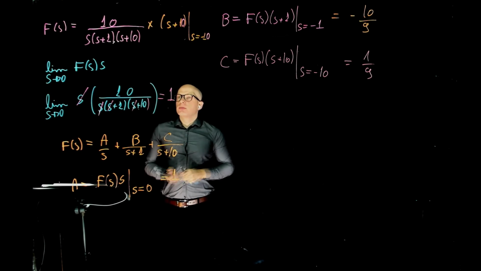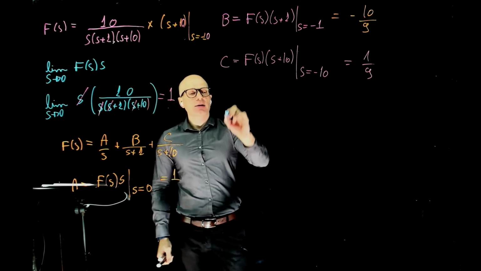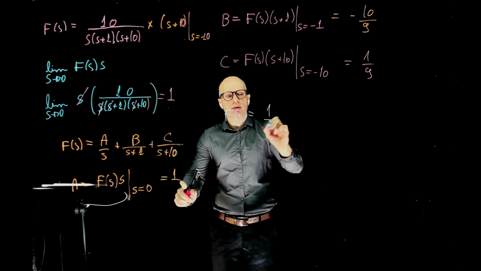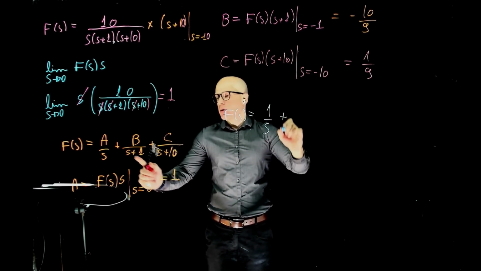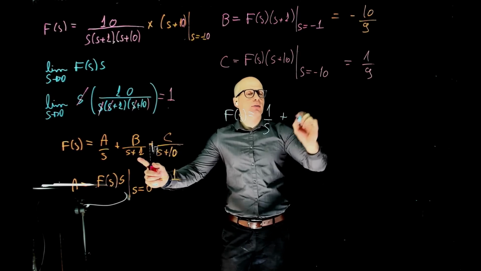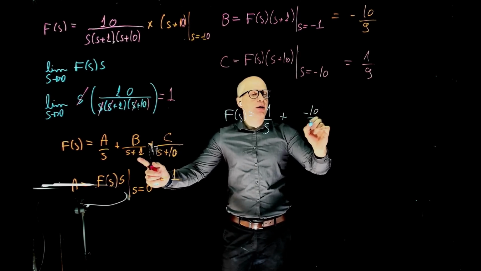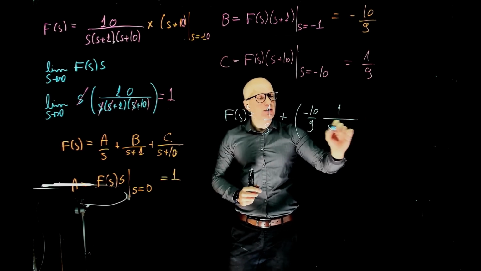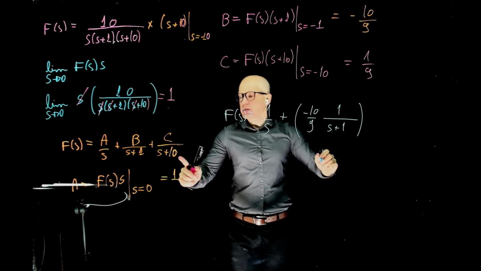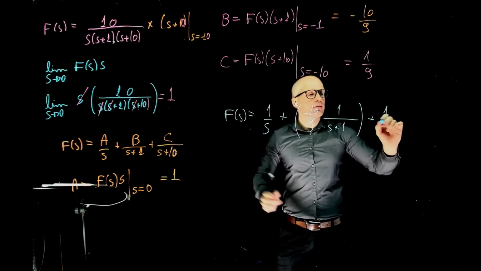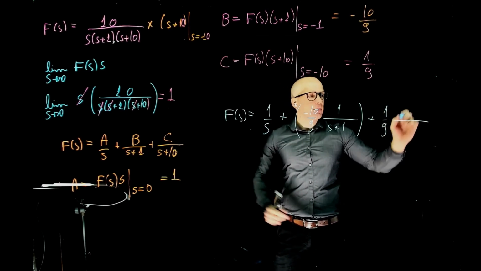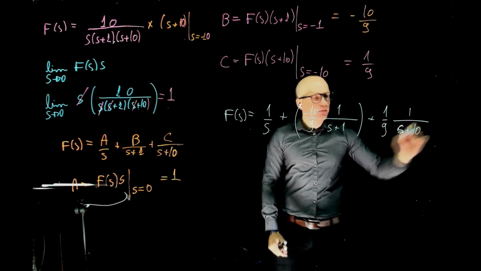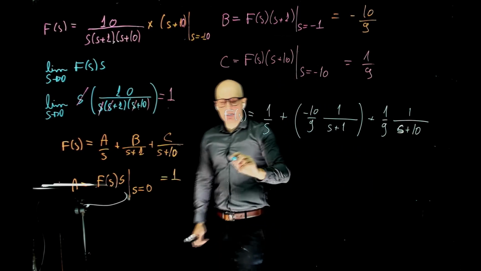Very good. So this means that our function F(s) can be written as A over s, 1 over s, plus B over s plus 1, where B is negative 10 over 9 times 1 over s plus 1, plus C, 1 over 9 divided by s plus 10. What is the inverse Laplace?